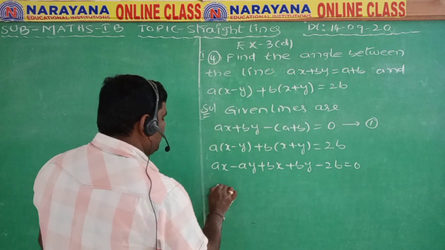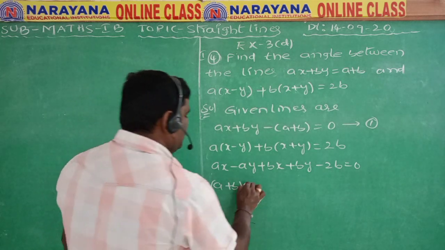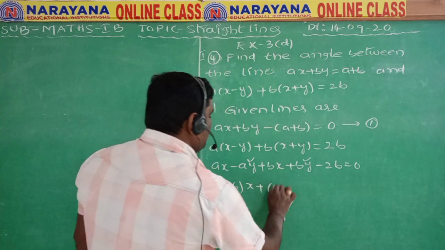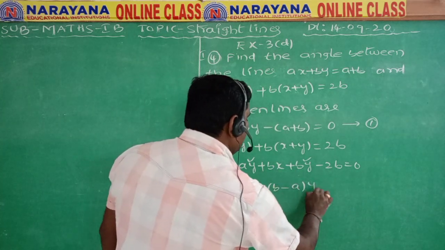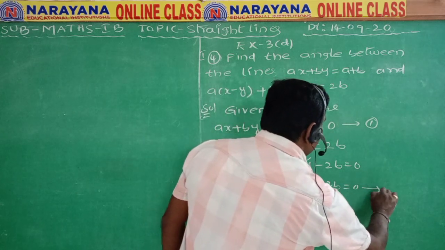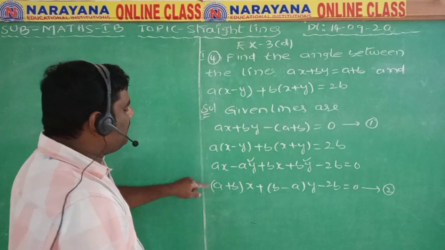Now I can write here (a + b) into x, next (b - a) into y, minus 2b is equal to 0. That is equation 2.